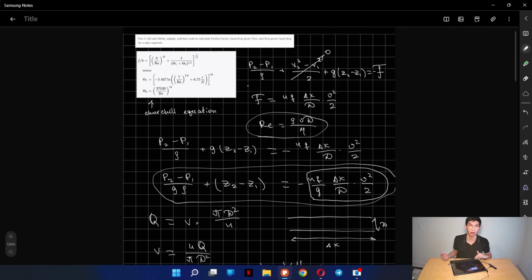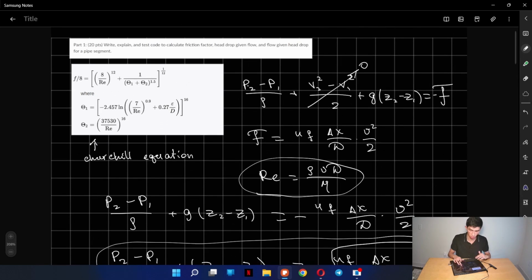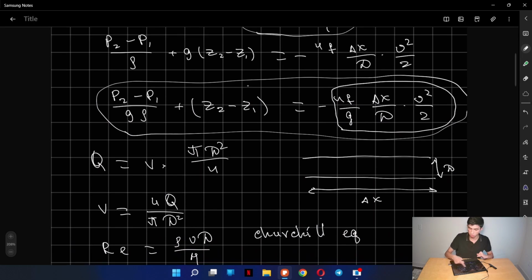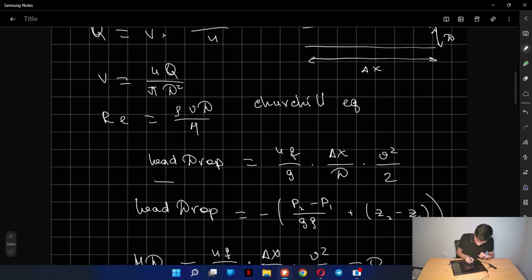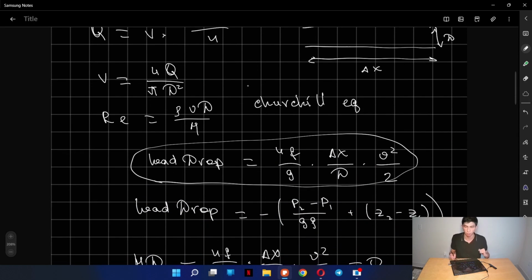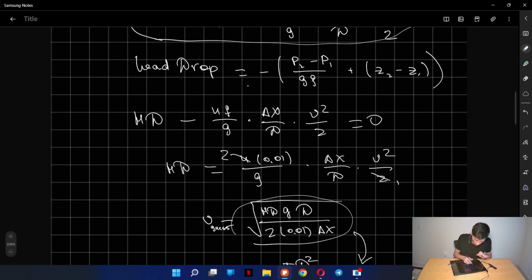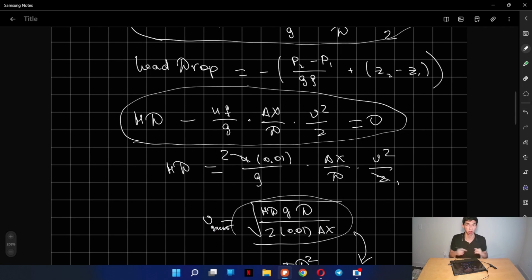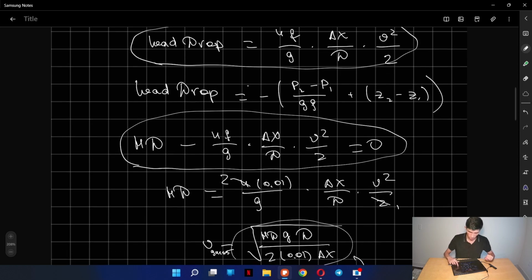So in the next part of our video, we're going to work on Python to actually calculate the friction factor from the Churchill equation, to calculate the head drop from this equation that we calculated, and to calculate the flow given head drop from this equation. So we're going to use the SciPy optimize root solver to find the actual value of flow using our initial guess for the flow.